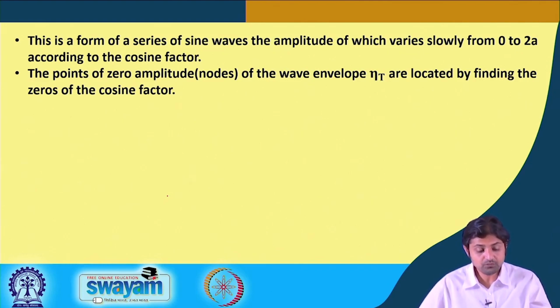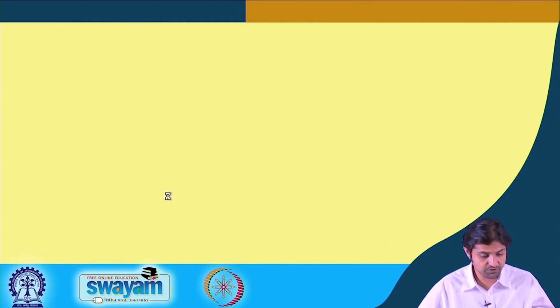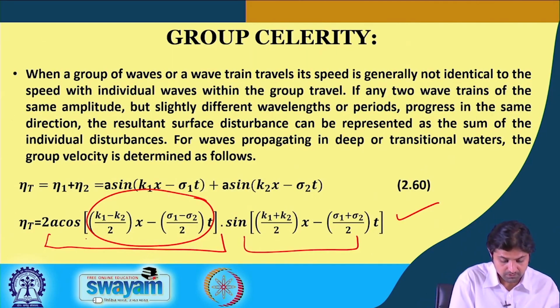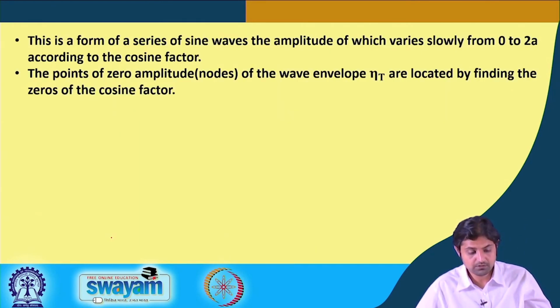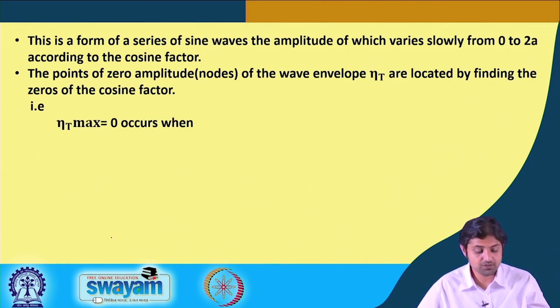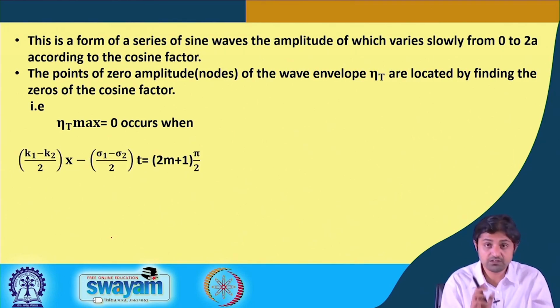Because it varies slowly from 0 to 2a, there will be 2a as well as 0. The points of zero amplitude are called nodes. They can be located by finding the zeros of the cosine factor, that is, eta max is equal to 0 occurs when the term within the cosine is pi by 2 or an odd multiple of pi by 2.